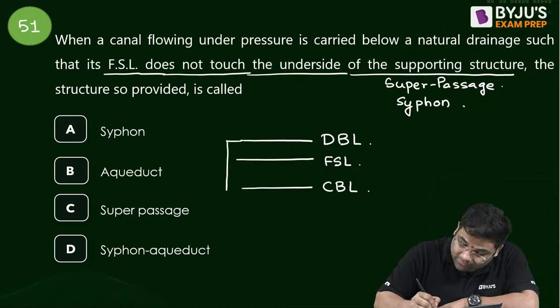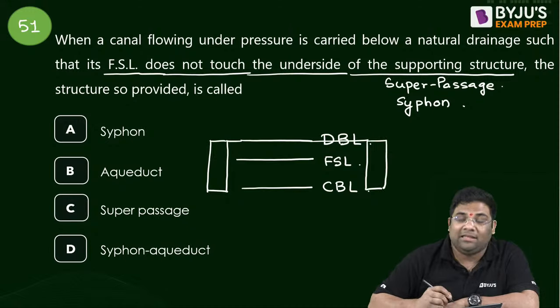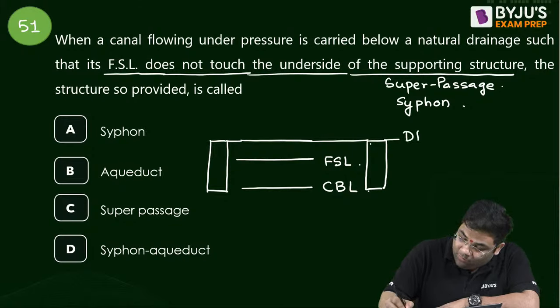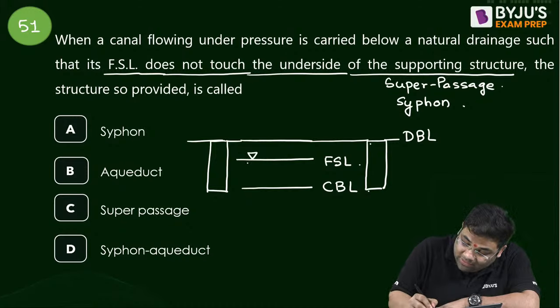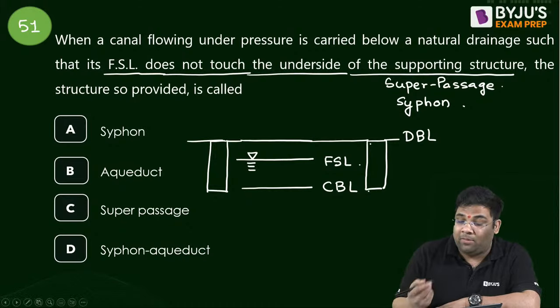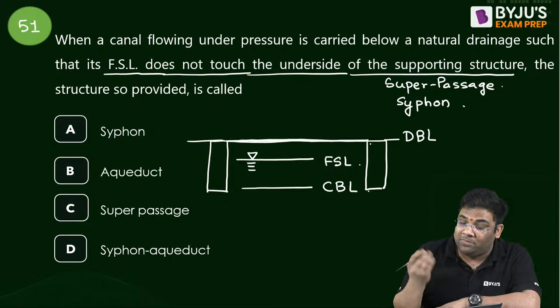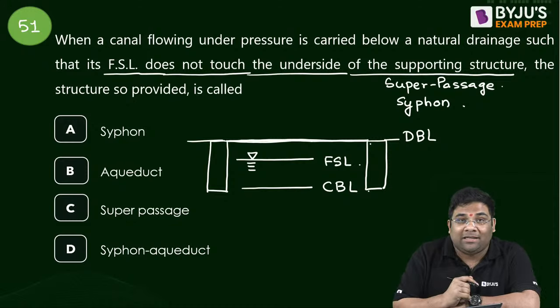You see, the DBL is kept above the CBL, so it has to be supported like this. Above, the drainage will be happening and below, the canal is flowing. The full supply level of the canal doesn't touch the underside of the supporting structure. Doesn't touch means it is below that. Understood?